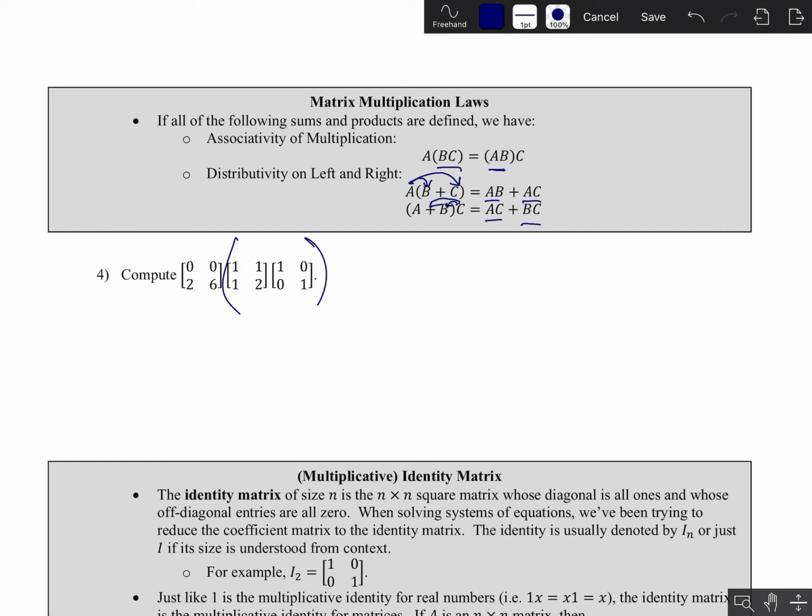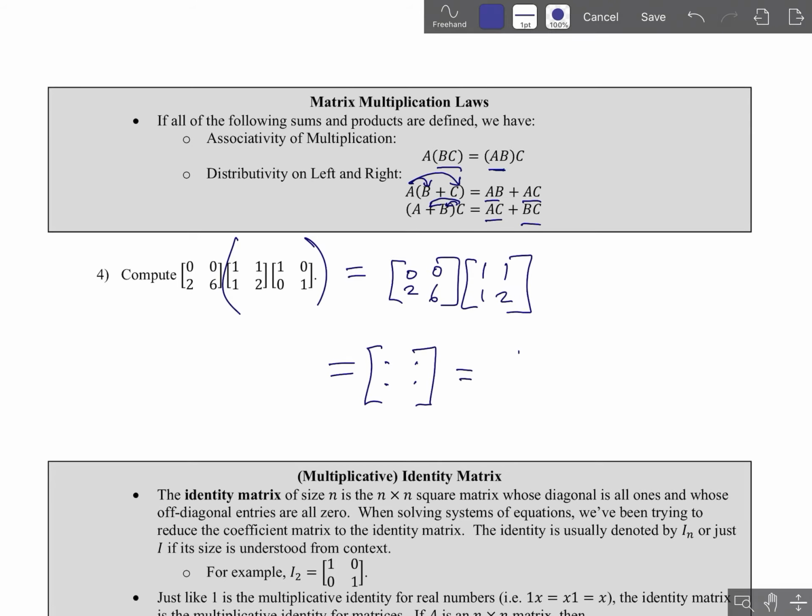So here we're multiplying a matrix by the identity matrix, so we know that the resulting matrix on the inside of the parentheses is just going to be this left matrix, which is 1, 1, 1, 2. And now we'll compute this product. So this is a 2 by 2 times another 2 by 2, so the resulting product should be a 2 by 2 matrix.